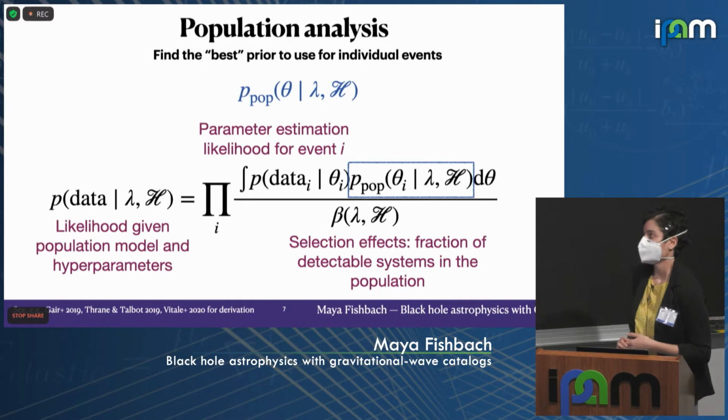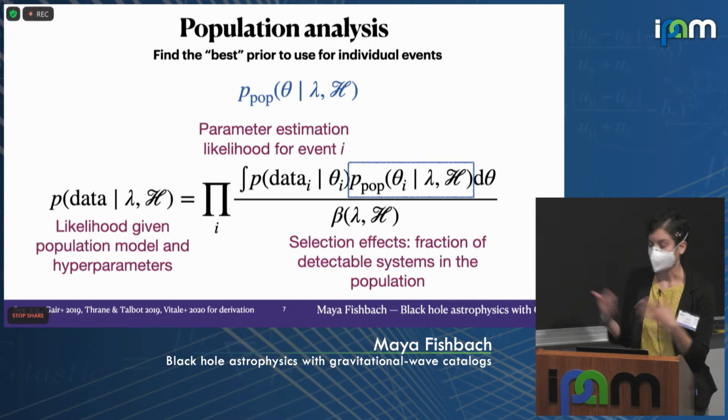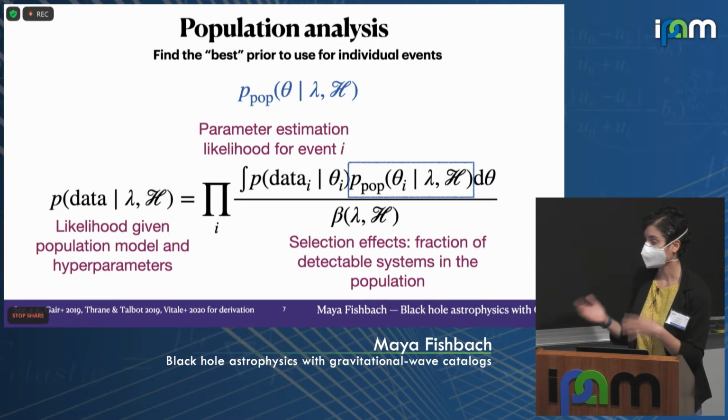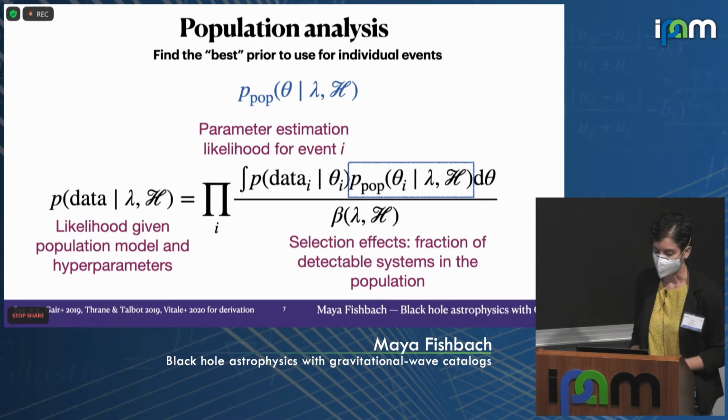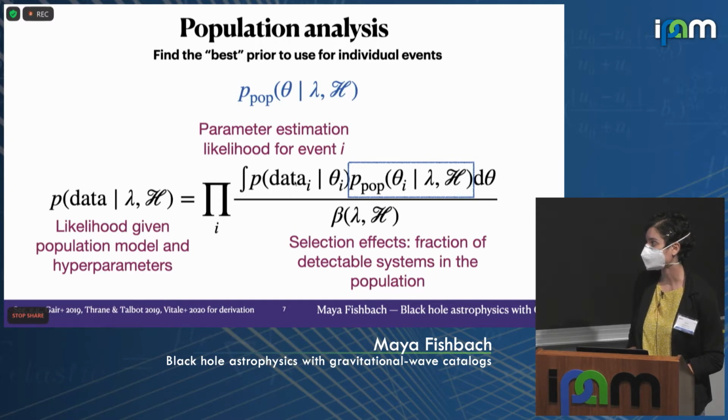So this is because for an individual event, we don't exactly know what its mass is, right? So there's some parameter estimation likelihood. What's the probability of seeing the data i from event i given theta i?